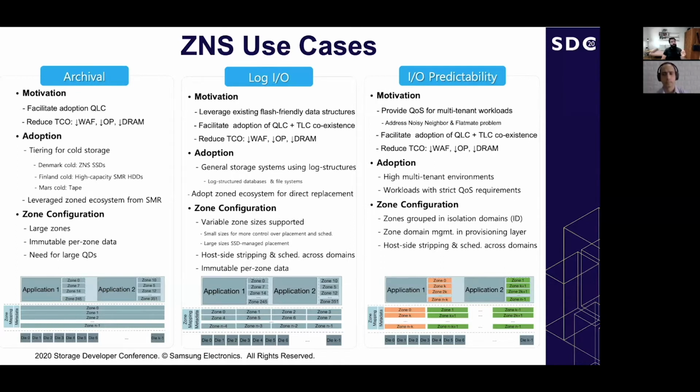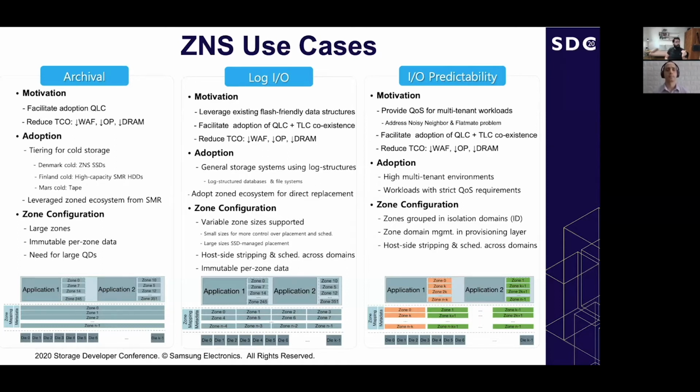But one of the main differences with the archival use case is that we're not necessarily targeting very large objects. Instead, we are targeting a normal storage stack that is able to use ZNS, but not necessarily be at an archival cold storage level. And for this use case, we see the need for smaller zones.